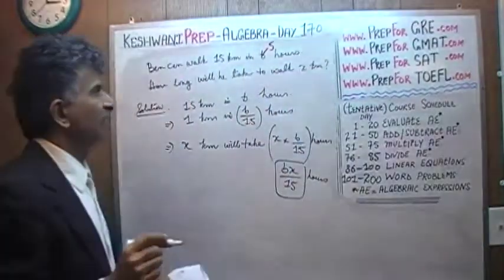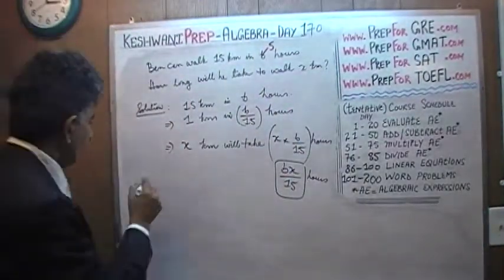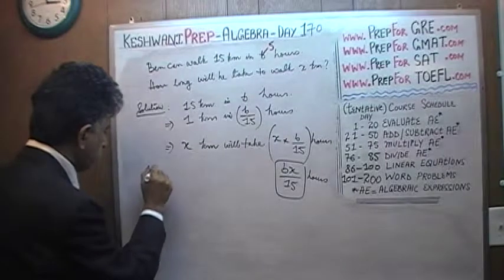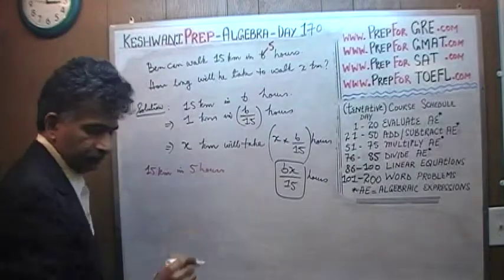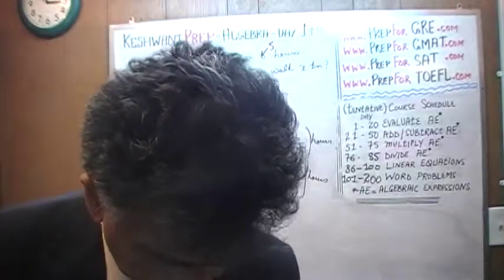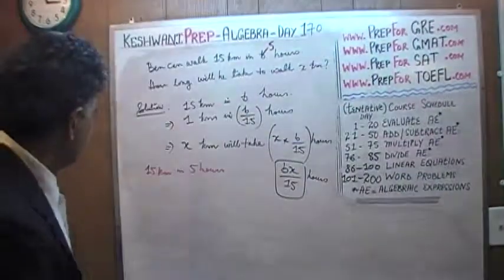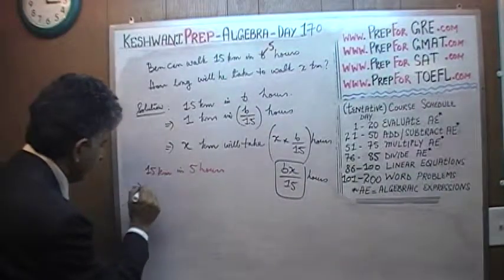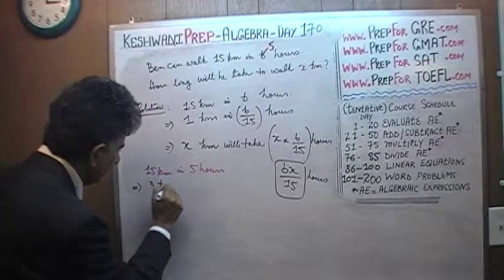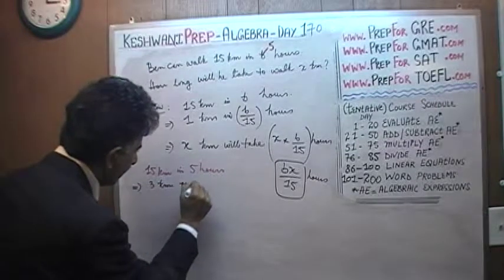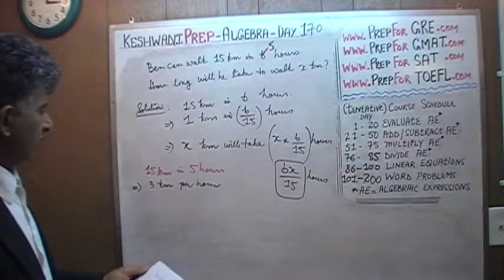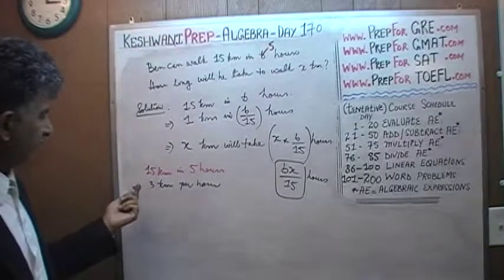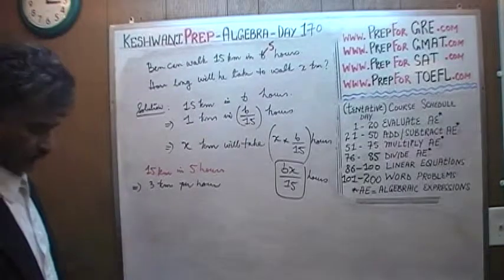So we're going to plug in 5 for B. That implies that he's walking 3 kilometers per hour. If you divide both quantities by 5, he walks 3 kilometers in 1 hour.